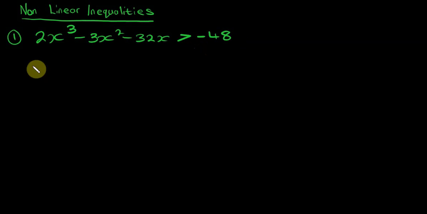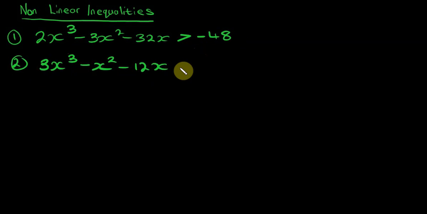And the second one would be, let's say, 3x cubed minus x squared minus 12x plus 4, and everything is greater than 0.